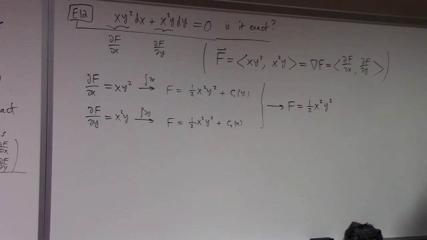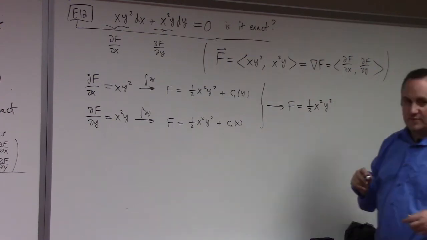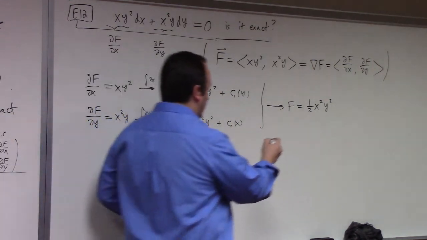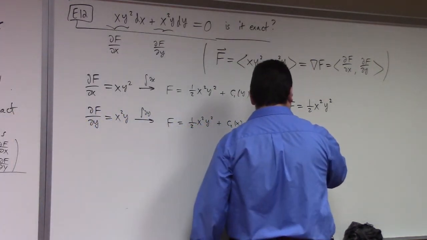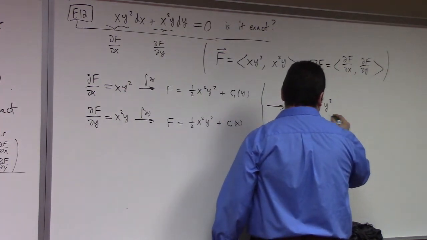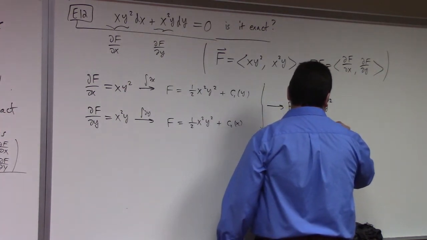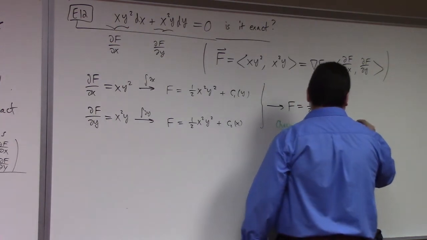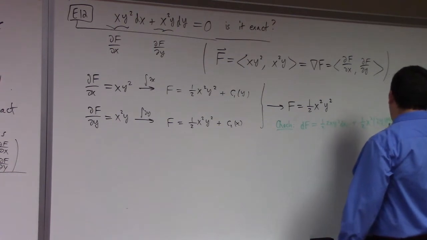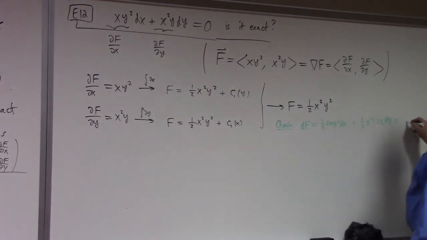Let's check what happens when I take the total differential of that. df is 1/2 of 2xy squared dx plus 1/2 x squared of 2y dy. In other words, it's xy squared dx plus x squared y dy.